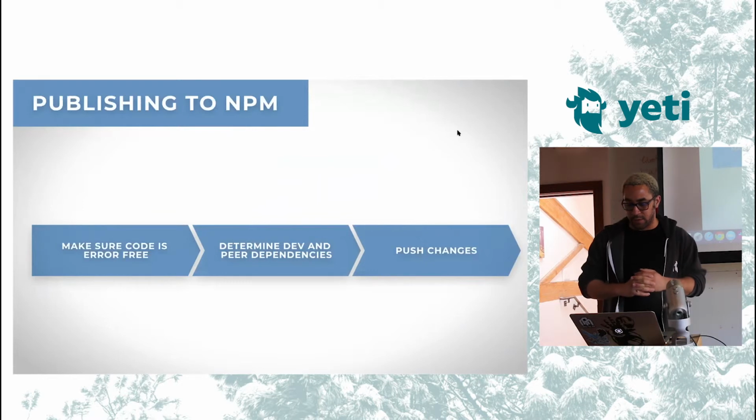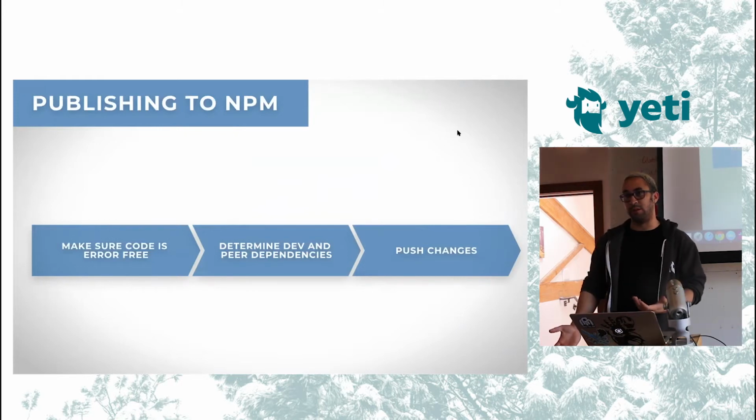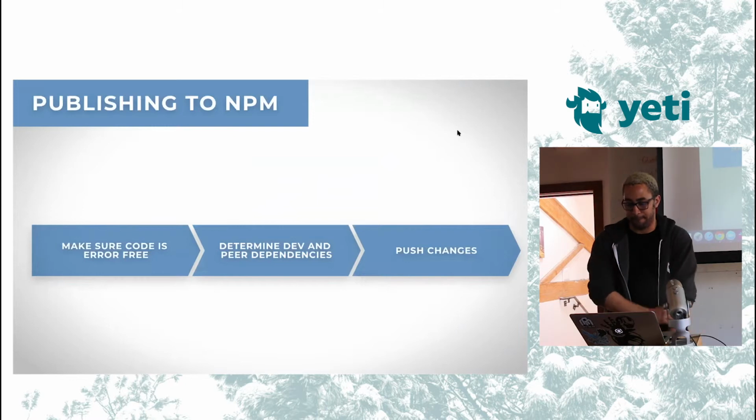That middle one, determining dev and peer dependencies, was the most difficult part of the process because I need to make sure that I only include in the package the correct dependencies development-wise, so that when you install it for your project, you are able to only install the peer dependencies that you need to get it to run on the targets that you're looking to shoot for.